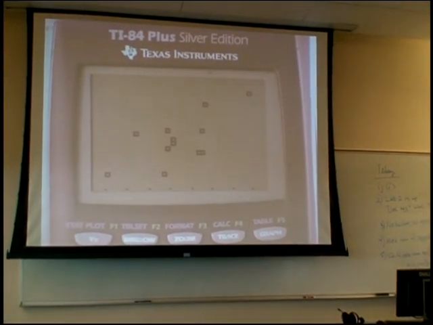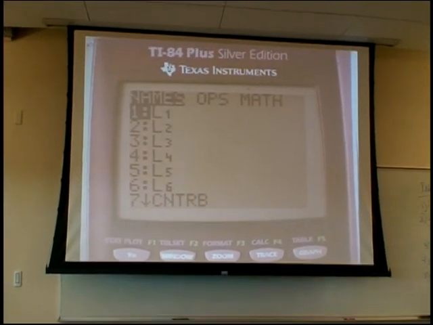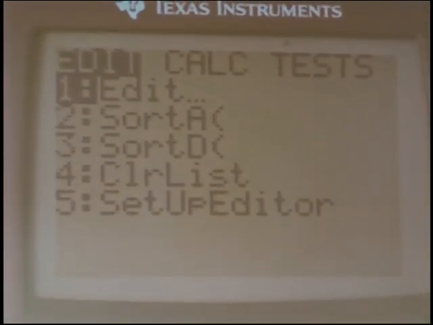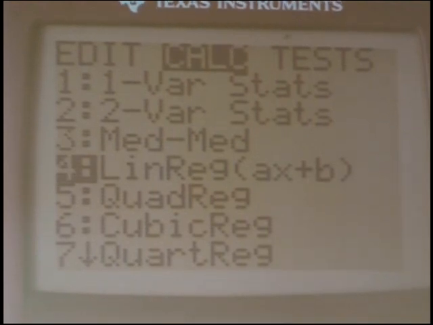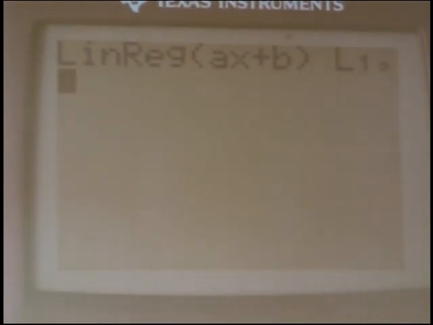Then you also need to run the regression. You do that by hitting stat, just stat, and then one right arrow, and then we go down to number 4. Or you can just hit number 4 on your keyboard. You drag that to your home screen. You enter the location of the bear length, whatever list that might be, a comma, and then the location of the bear weight.